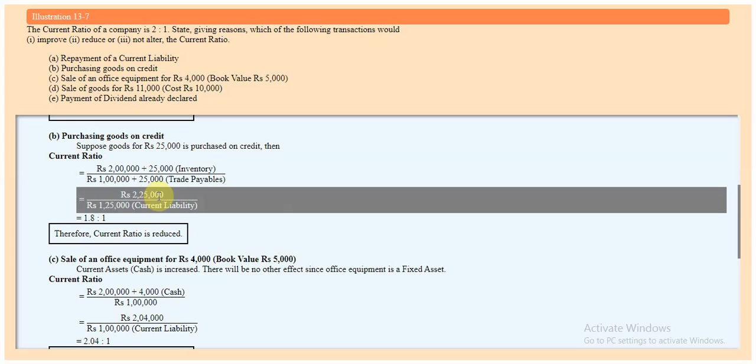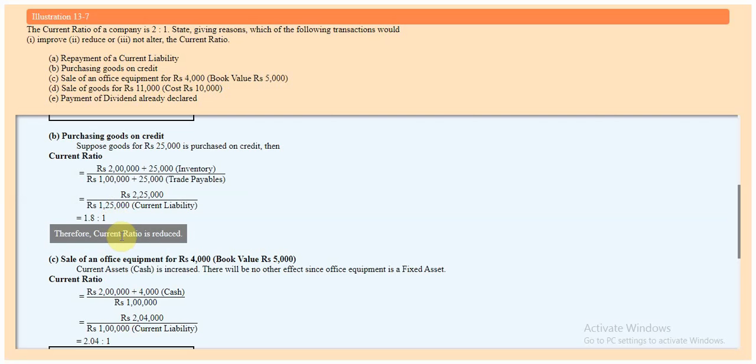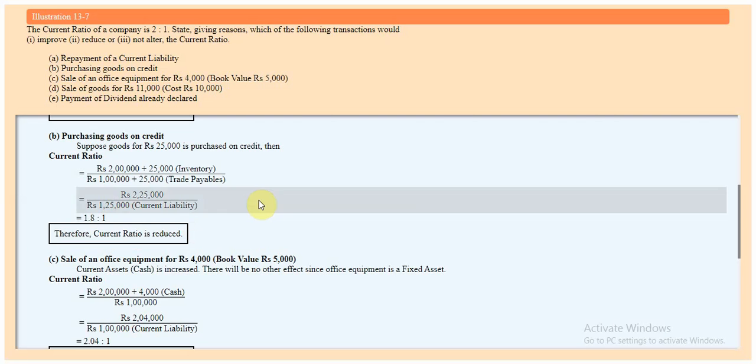So current assets become 2,25,000 and current liability becomes 1,25,000. The ratio becomes 1.8:1. Previously the ratio was 2:1, so the current ratio is reduced.